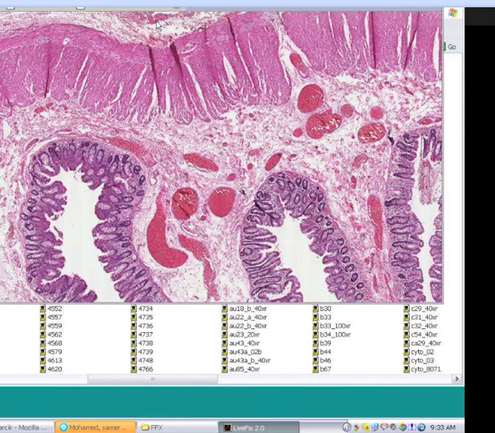So in all honesty, this might sound like a stupid question, but there's only one thing in this whole slide that looks a little bit funny. What looks funny is you have areas here in the submucosa that look like they have an overabundance of these large red blood vessels, almost like there's a little hemangioma of the submucosa.